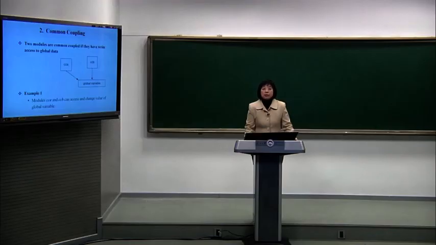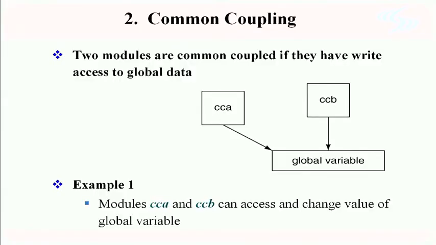So next level, common coupling. Two modules are common coupled if they have write access to global data. For example, module CCA and module CCB can access and change the value of some global variables.